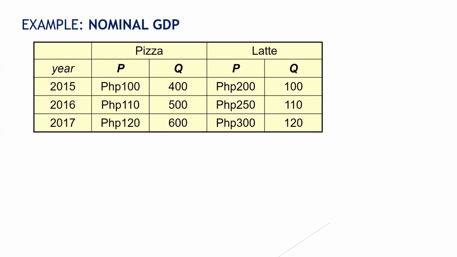So let's have here an example. We have two goods, pizza and latte, and we have years from 2015 to 2017. Let's compute the nominal GDP in each year.